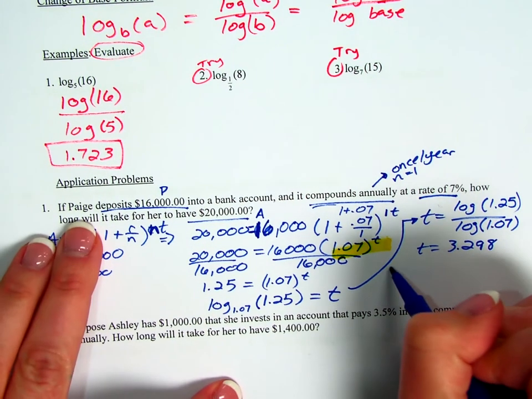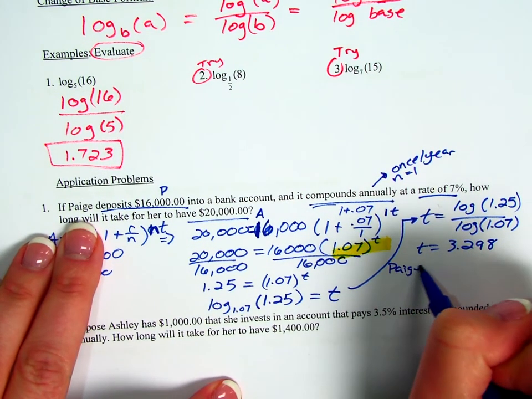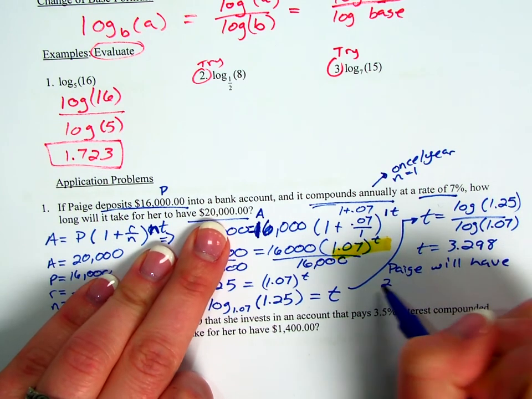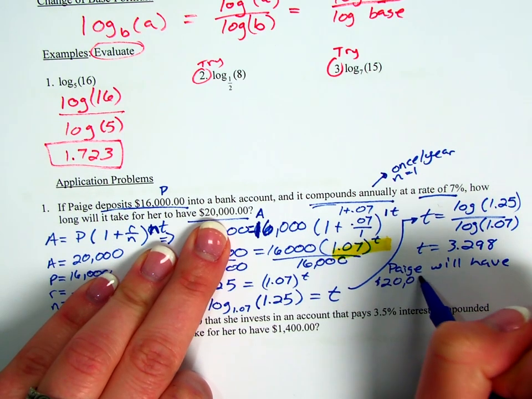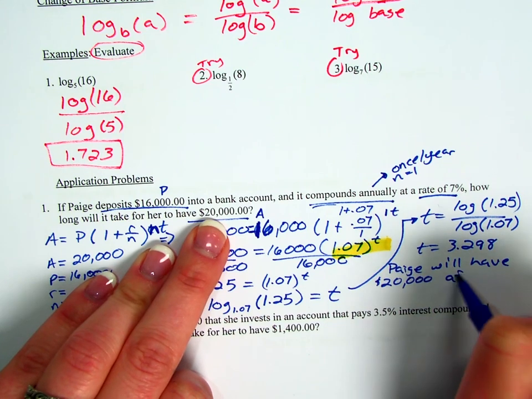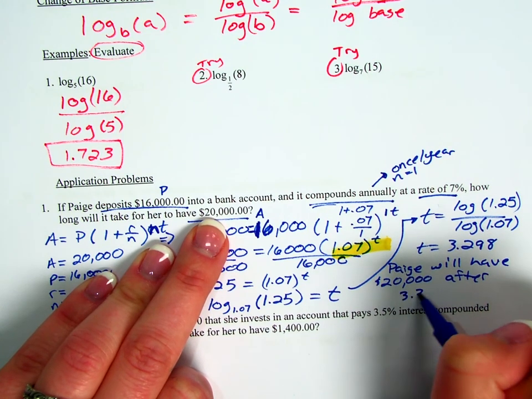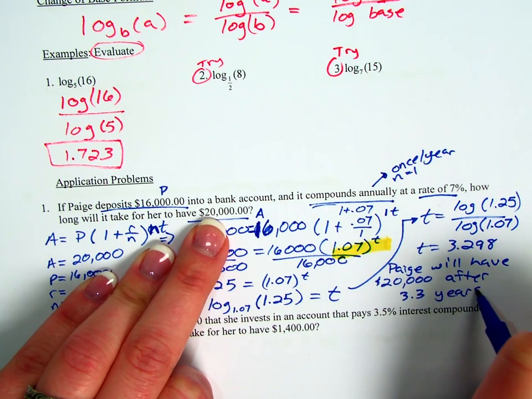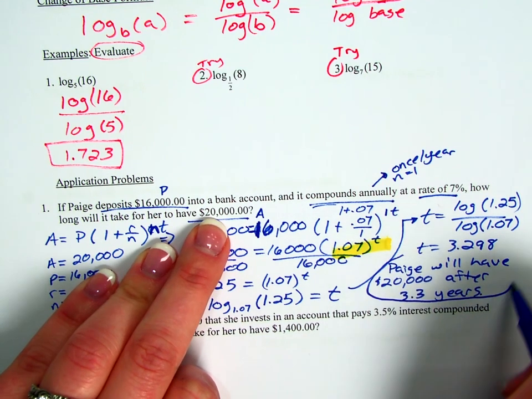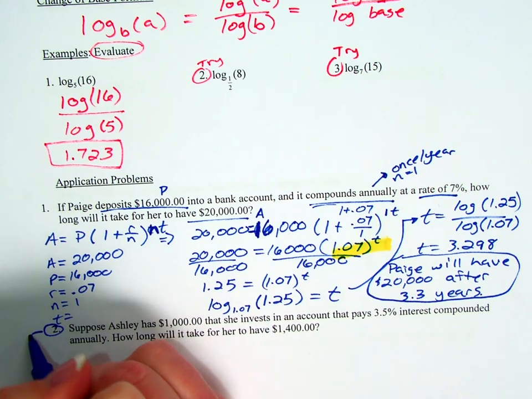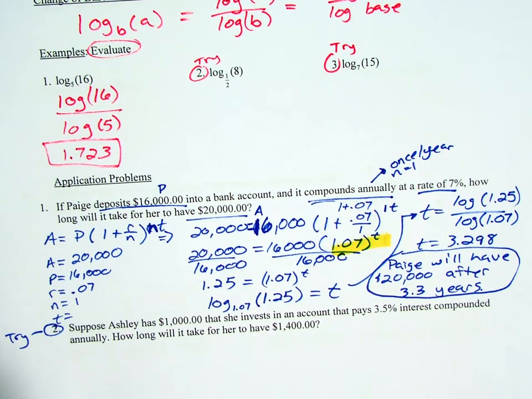I would say Paige will have $20,000 after, I'll round that to 3.3 years. And it's important that you put the 20,000 because if it were a different amount of money, it would take a different amount of time. Now I want you to go ahead and try number 2 on your own, and we'll go over everything later.